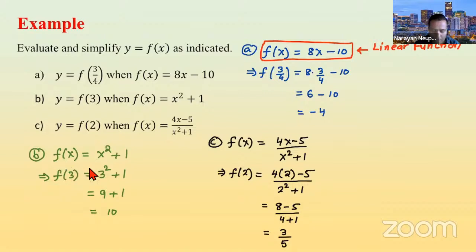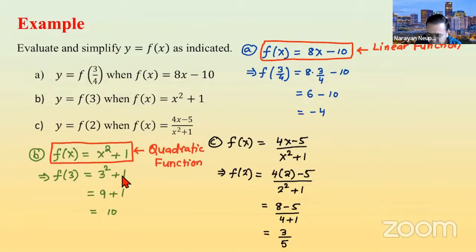Similarly, if you look at the function in B, the highest power of x in the function is a square, or 2. If the highest power is 2, then this type of function is called a quadratic function. And if you look at the third one, the third function involves a fraction.